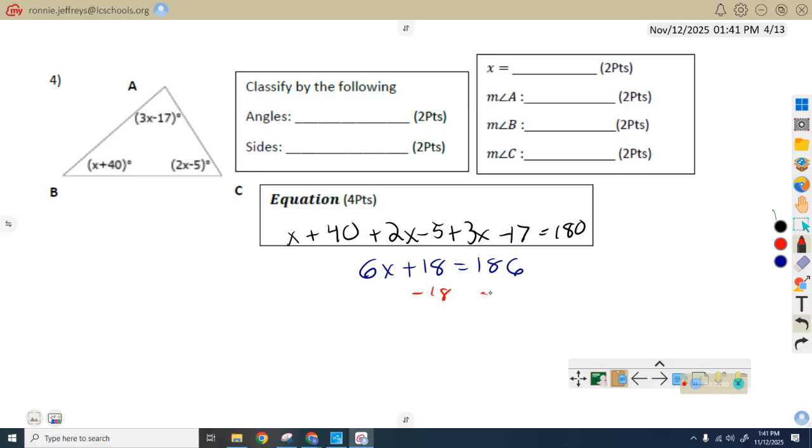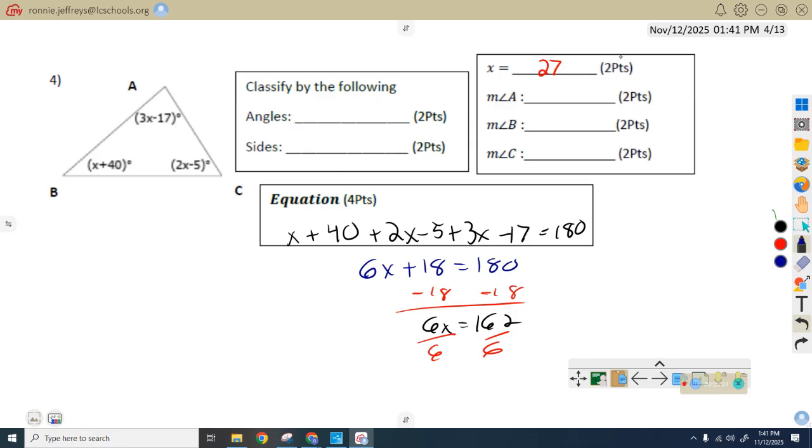Minus 18. 6x equals. That should be... Why am I writing letters that shouldn't be there? Alright, so x is 27.